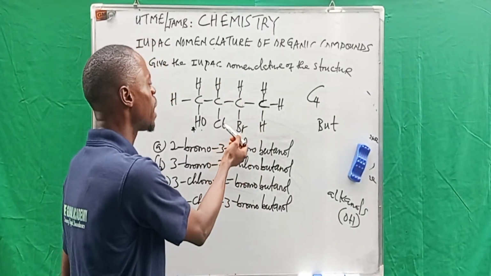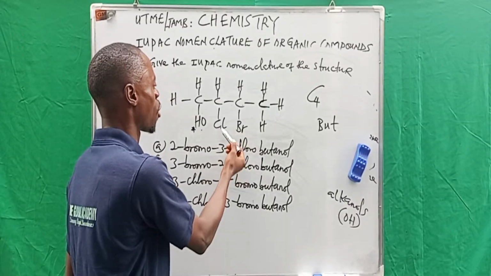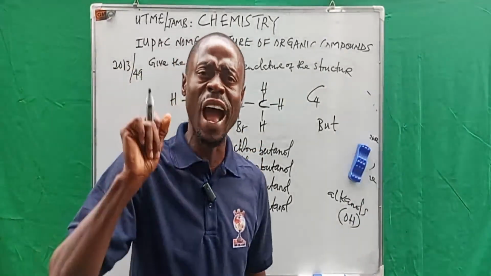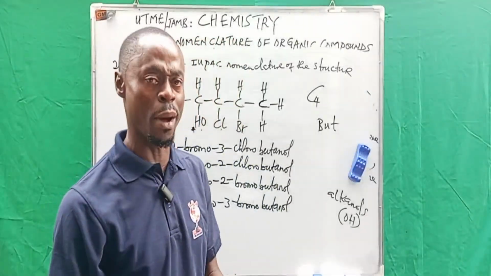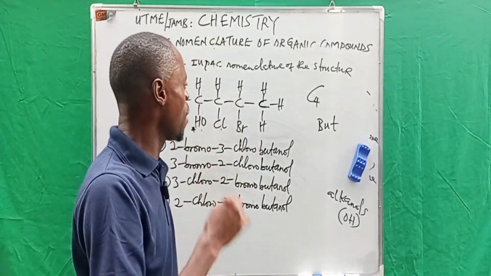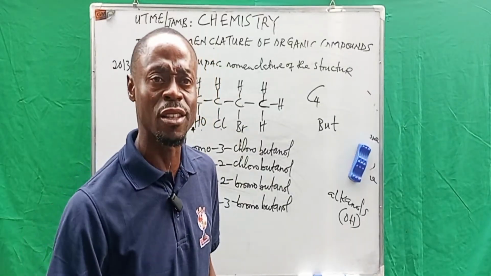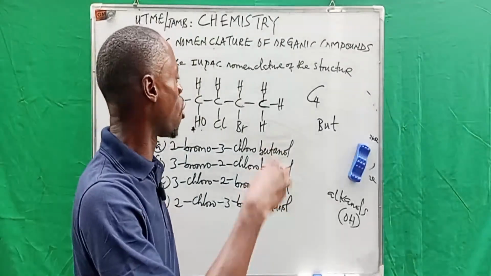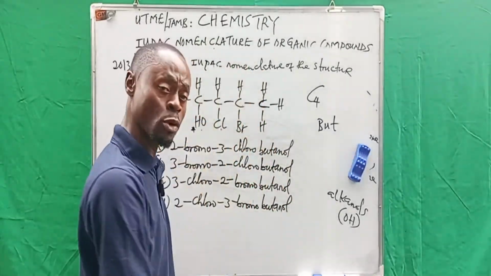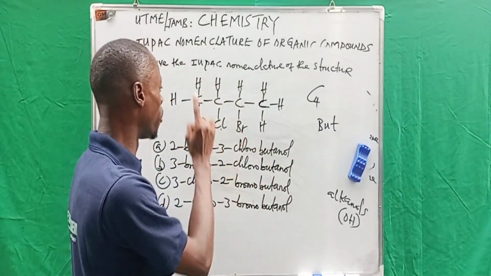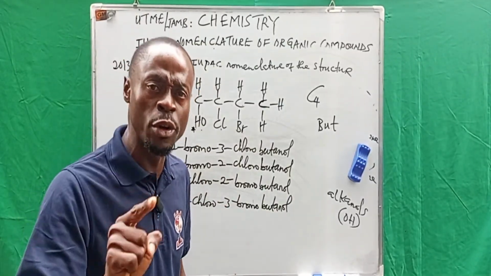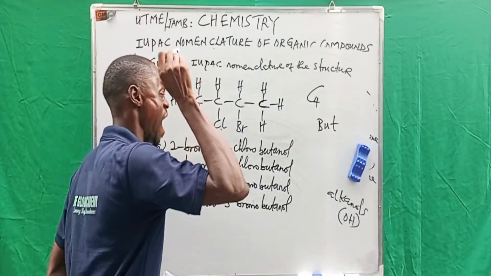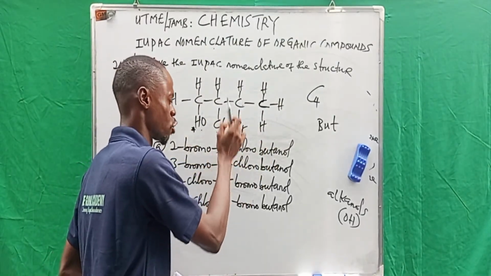Now, the inorganic substituents here are chlorine and bromine. One of the rules guiding the IUPAC nomenclature of organic compounds states that if you have a functional group and also an inorganic substituent appearing in a particular structure, you must give priority to the functional group ahead of the inorganic substituent.